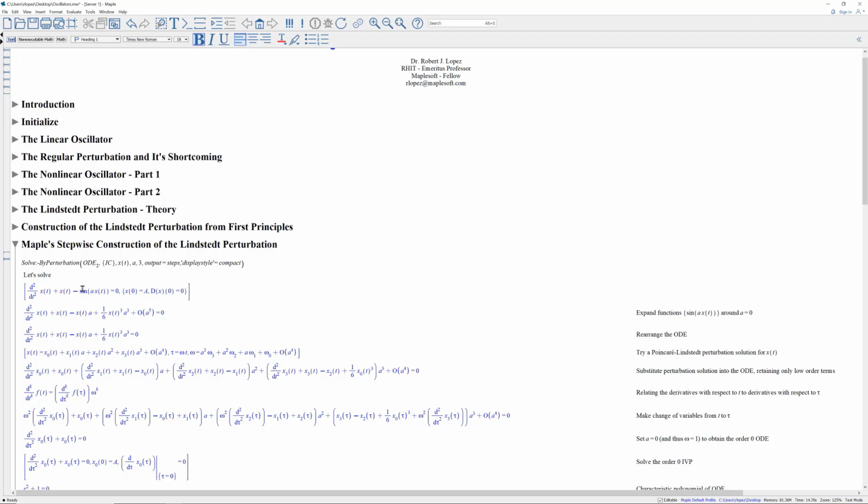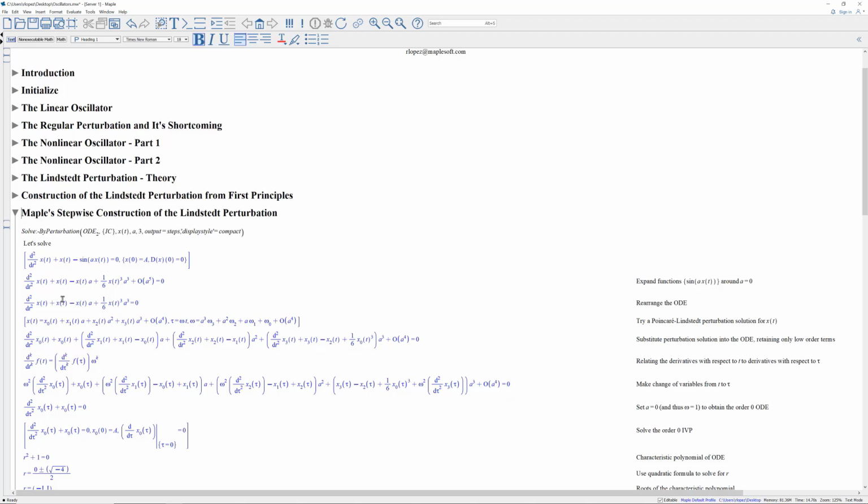This has been expanded, and so you can see this pair of terms resulting from the expansion of the sine, and it's still a series data structure, and so there is the need to hit it with convert to polynomial, get rid of that big O symbol, because otherwise you can't work with this thing.